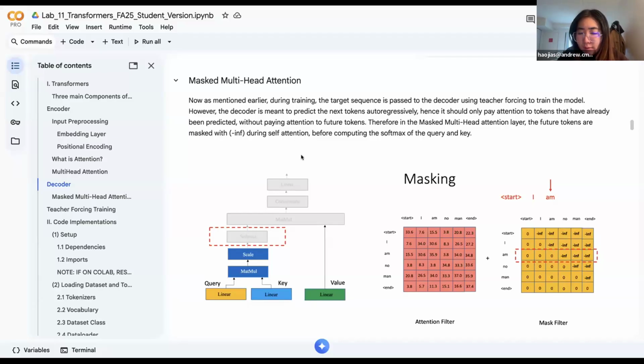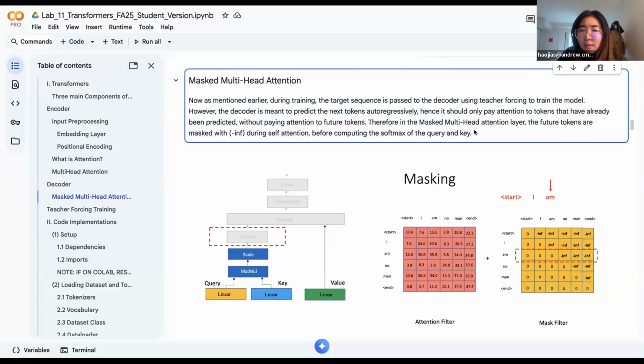And then based on the information for the first token as well as the second token, we will generate the third token. So because of this autoregressive order, we should only care about the tokens that we have seen before and not the tokens in the future. That's why we are using this masked multi-head attention.